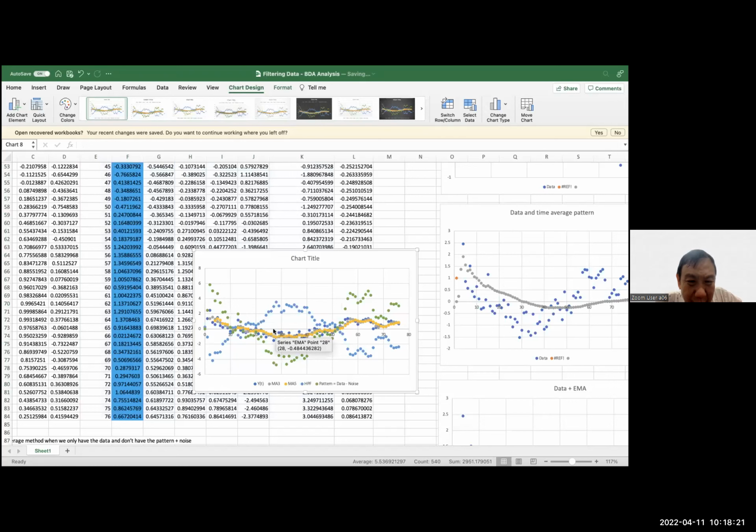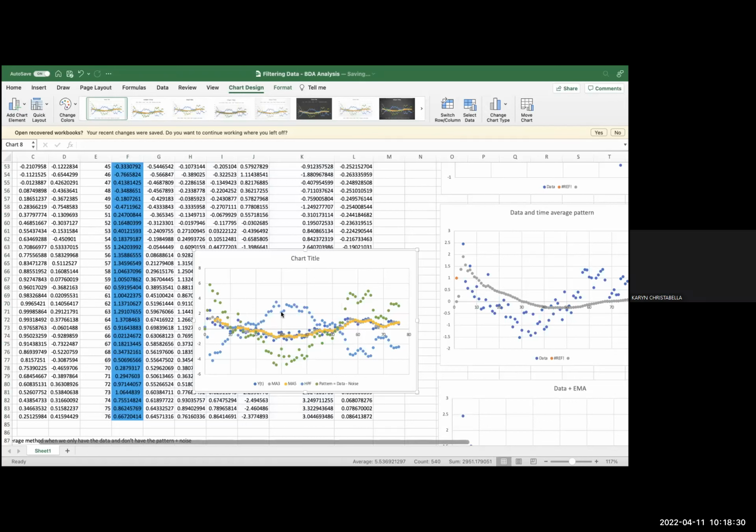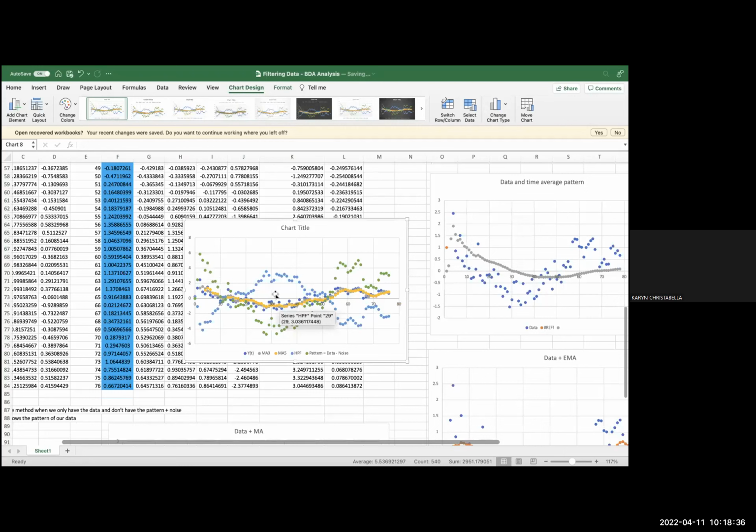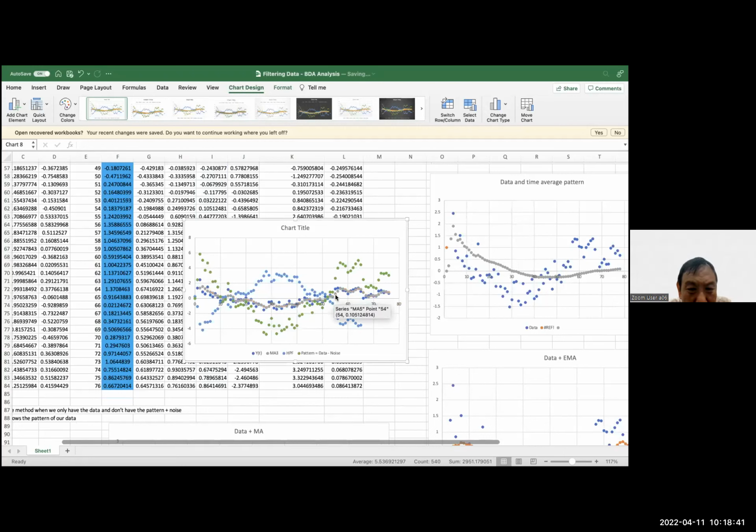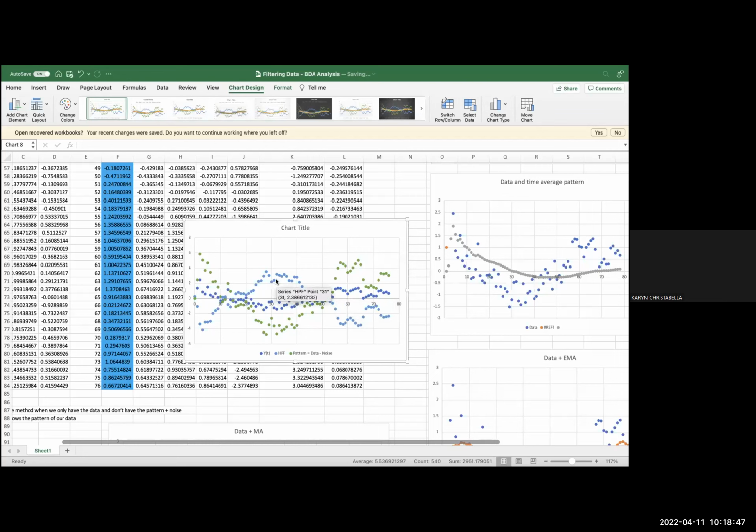Oh, actually you can also compare, right? By plotting all of this, you can compare. Also delete which one, sir, from the chart? Oh, the one that you don't use. So the MA, EMA, MA, you just delete. Okay, now you have. And then you just put the line pattern.